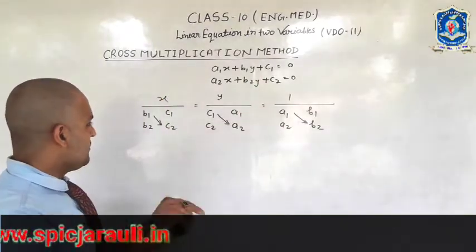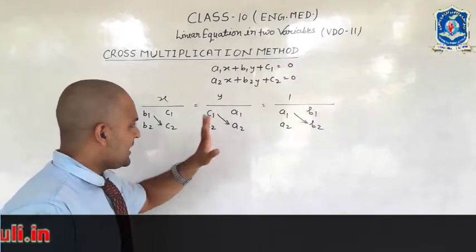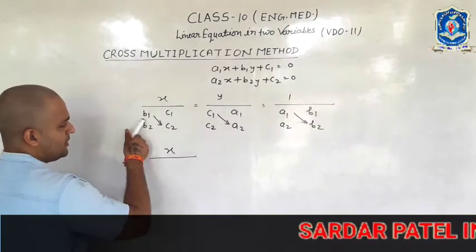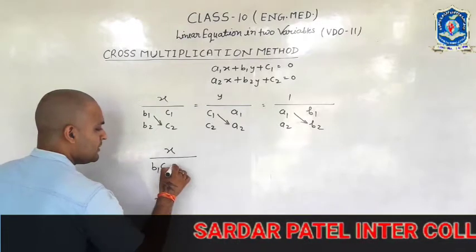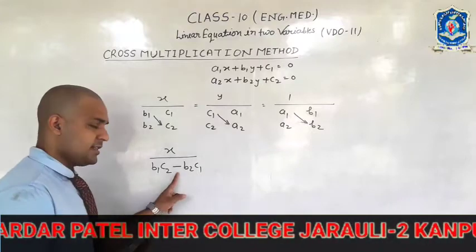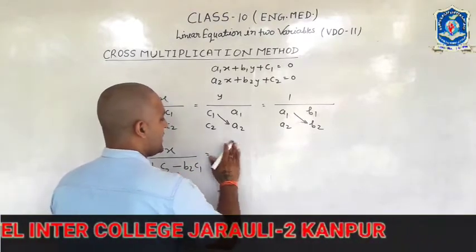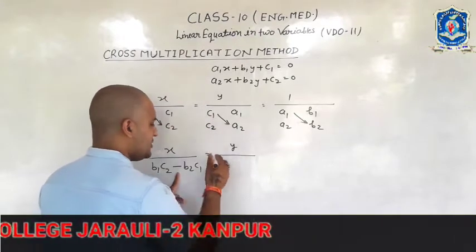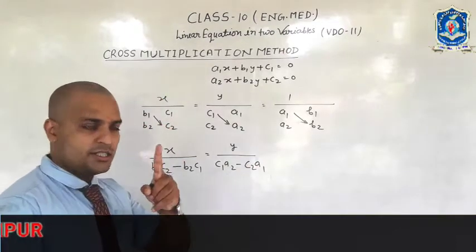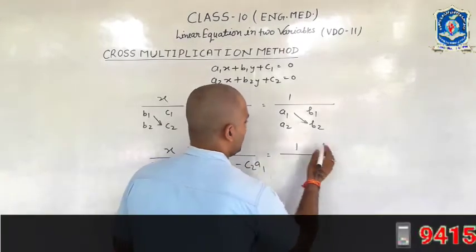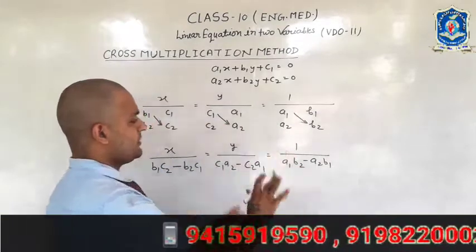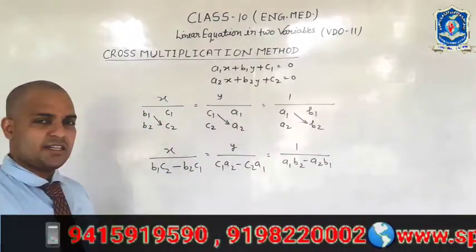In the first step we multiply this side and then the other side. So x upon (b1 c2 minus b2 c1) is equal to y upon (c1 a2 minus c2 a1), and the last one is 1 upon (a1 b2 minus a2 b1).